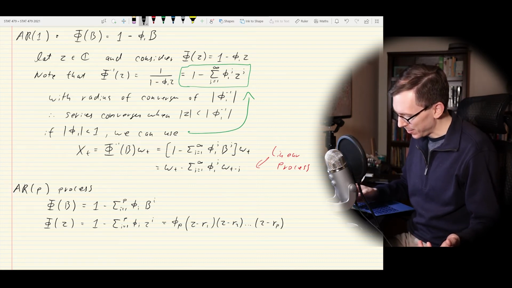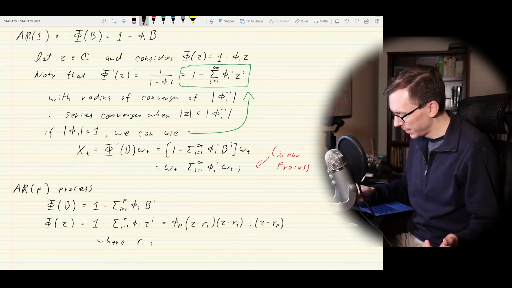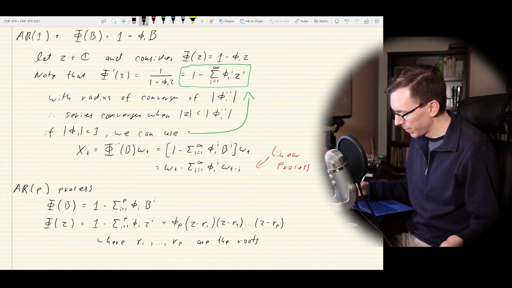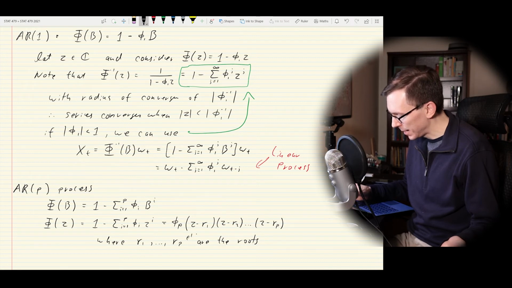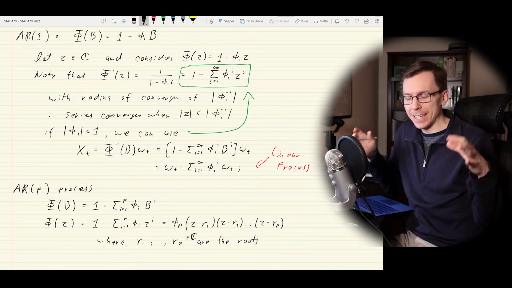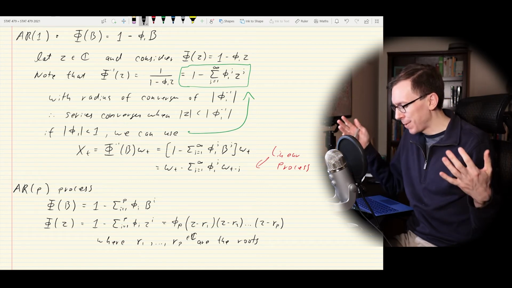Now, just to make sure it's explicit, r1 through rp are the roots of this polynomial, and they may be in the complex plane. Because, again, we need to work in complex numbers so we can completely factor this polynomial.